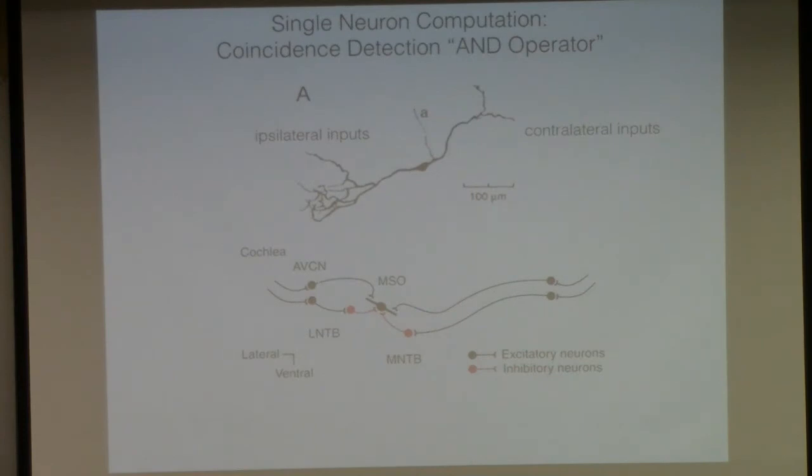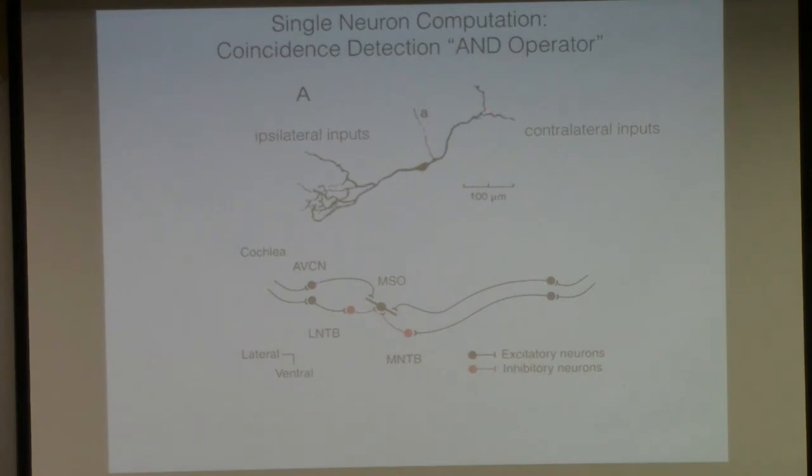It's essentially a bipolar neuron. You see the soma here, and there's two dendritic branches coming off that soma. And in general, they don't branch all that much. So what's interesting about this neuron is that it's in a part of the auditory system. And so this neuron is receiving synaptic inputs from the cochlea on one side of the brain, and they are all segregated onto one dendritic branch.